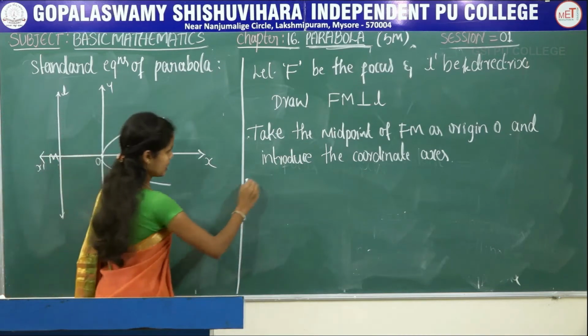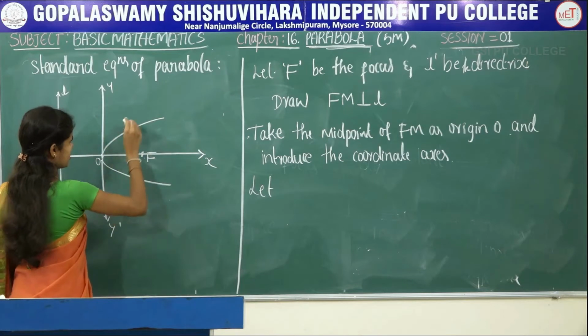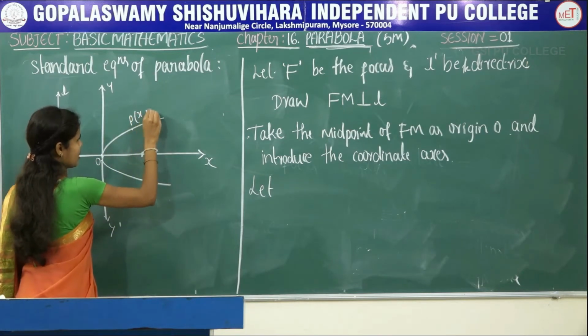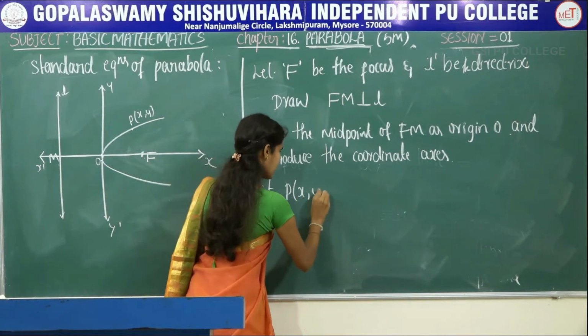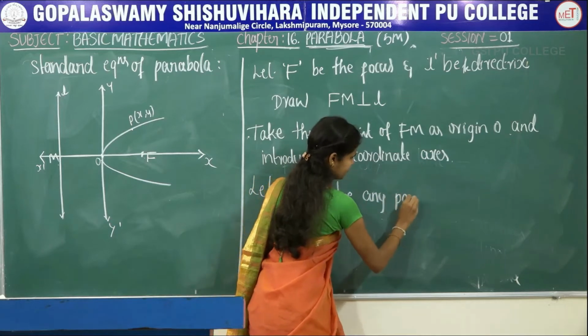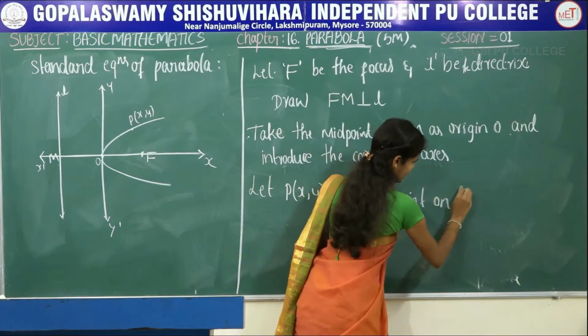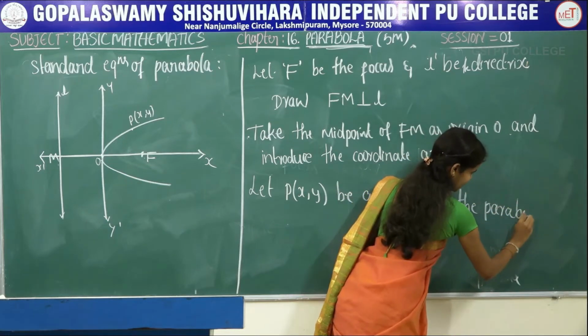Okay. Next, let's consider an arbitrary point on the parabola. I consider P, coordinates are x, y. Let P of x, y be any point on the parabola.